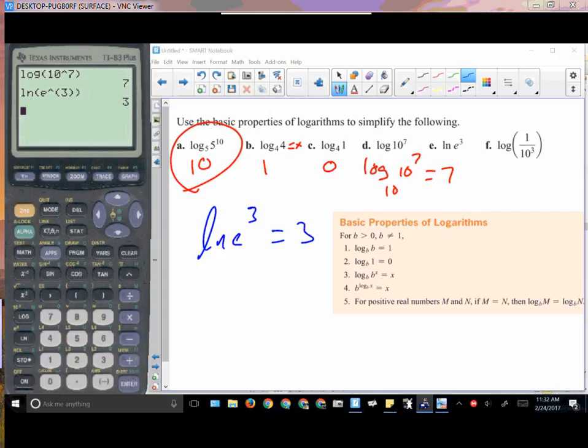Why? Because the natural log appears so often, it was given its own notation. ln is the same as log base e. And now you'll see that if I'm taking e to the 3rd power, these are the same again, so it must be equal to 3.